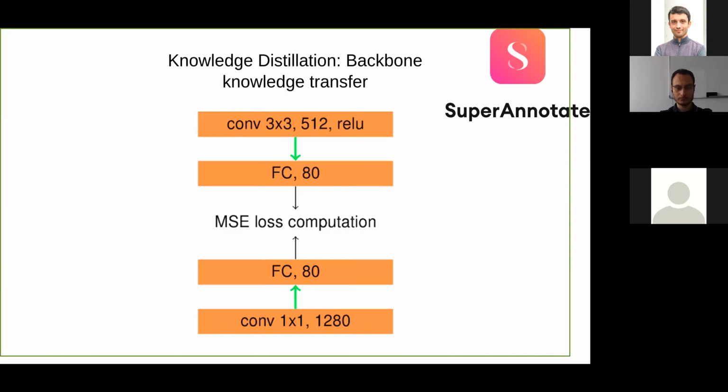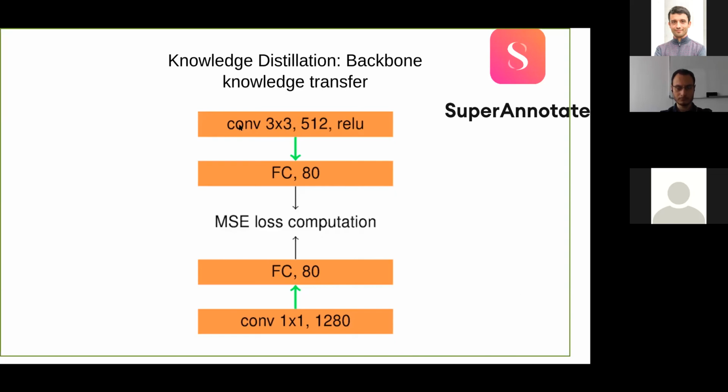Besides having these two loss functions between outputs of the teacher model and student model, and the loss function between outputs of the student model and ground truth, we also add a loss function between the backbones, the final convolution layers of our backbone models.